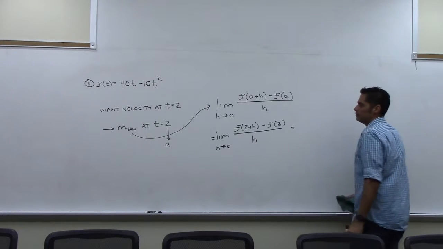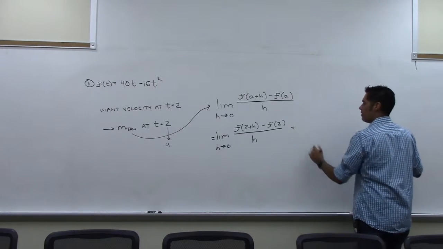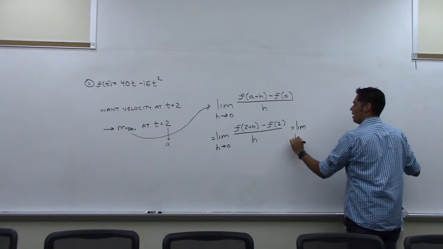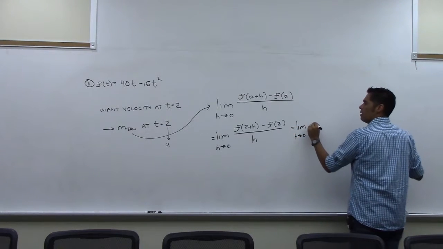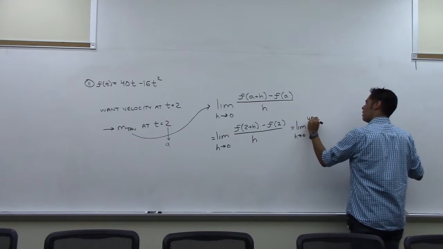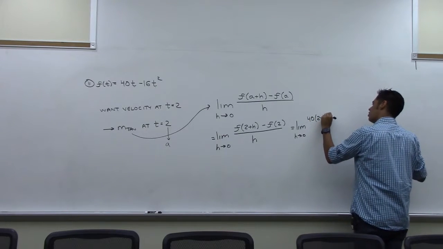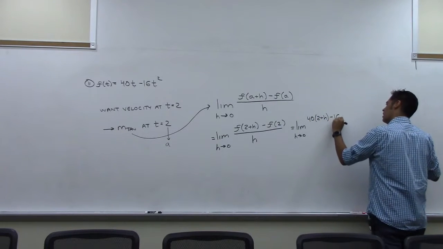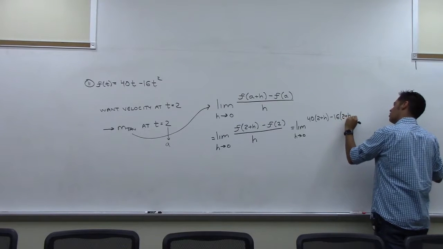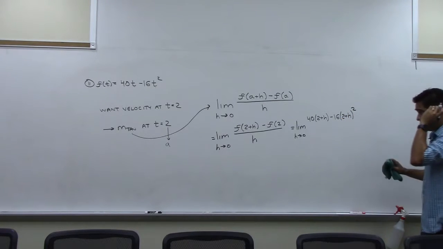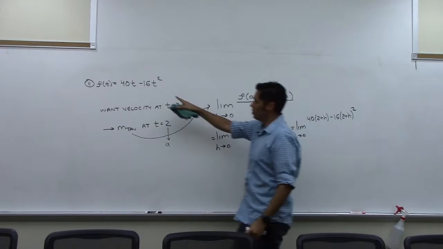So limit h goes to 0, 40 times 2 plus h minus 16 times 2 plus h squared. That's what we get when we plug 2 plus h into this function.